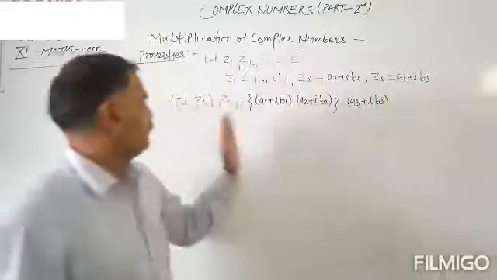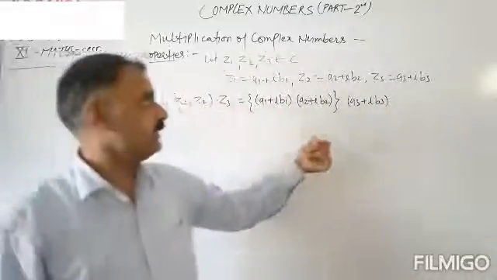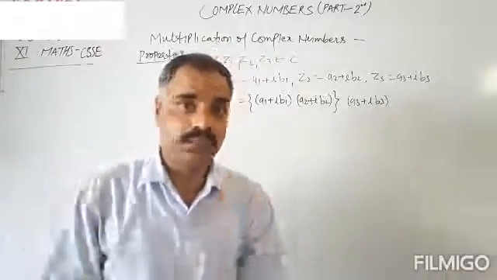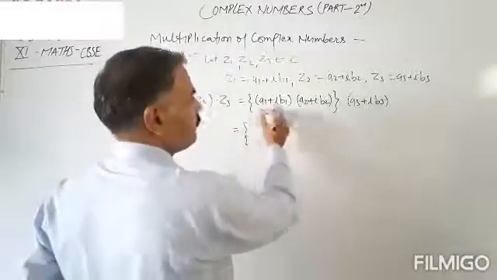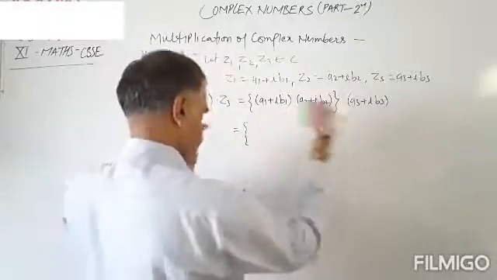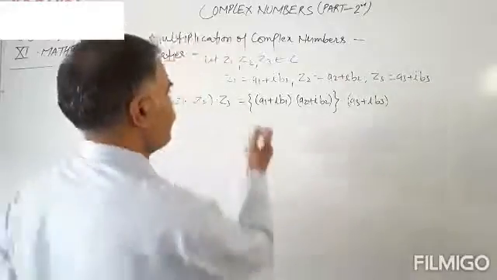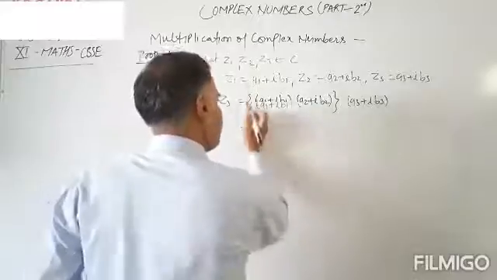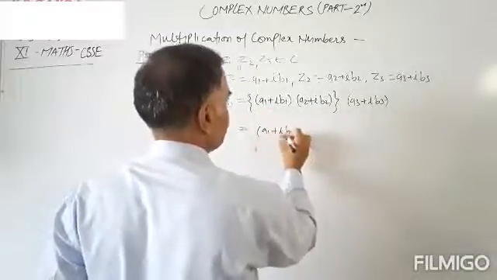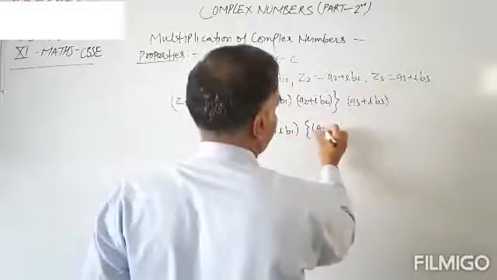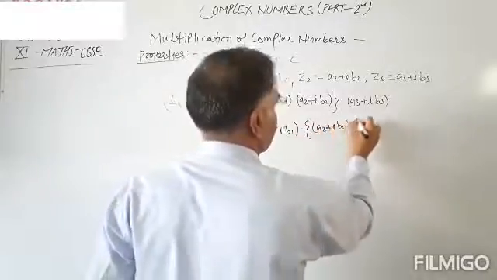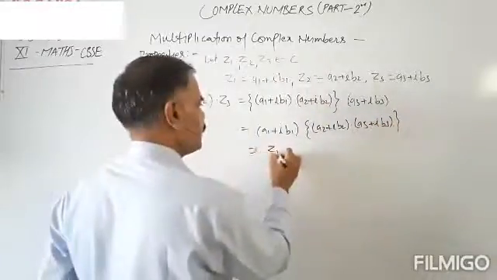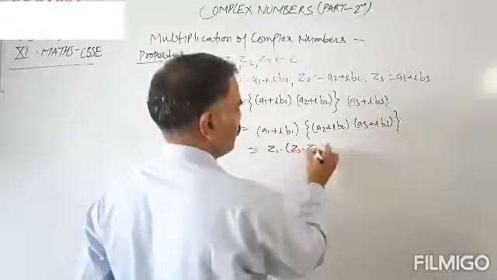That means we are making the grouping of Z1 and Z2. After multiplying this, we will have A1 plus iota B1 multiplied by (A2 plus iota B2)(A3 plus iota B3). So this is equal to Z1 multiplication (Z2 multiplication Z3).